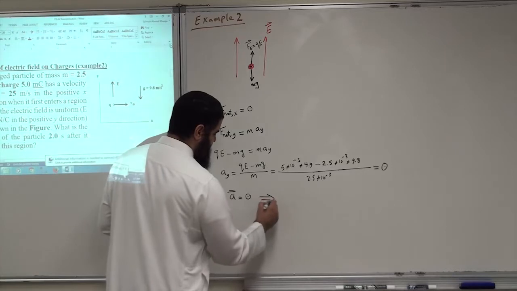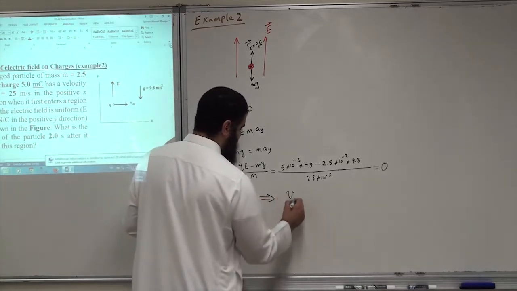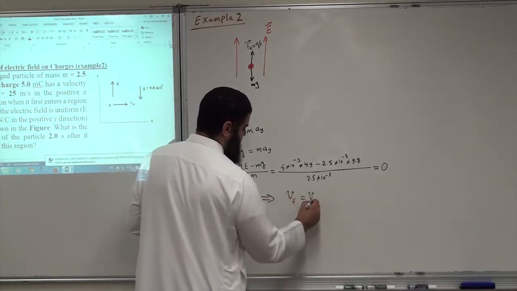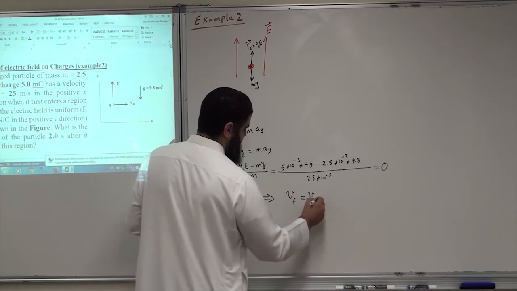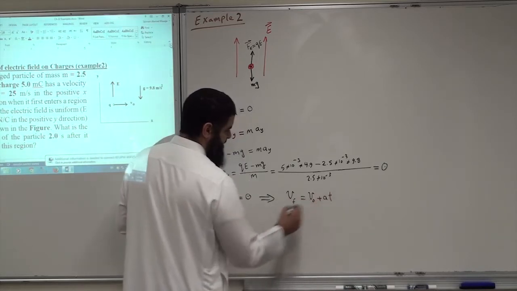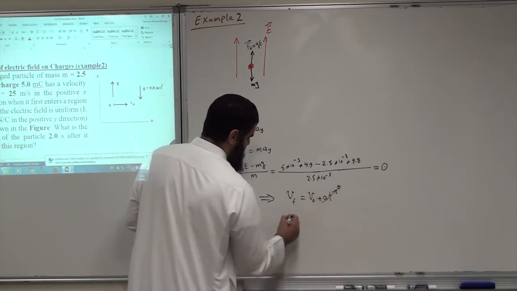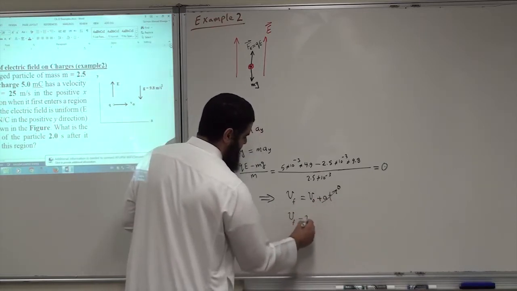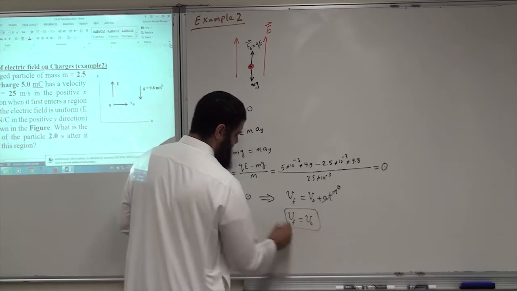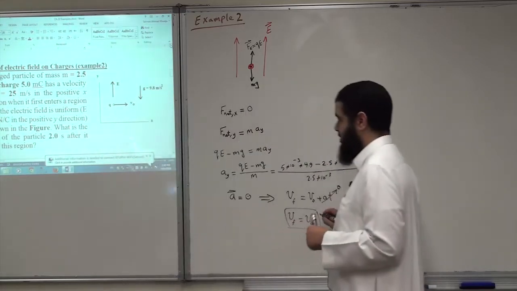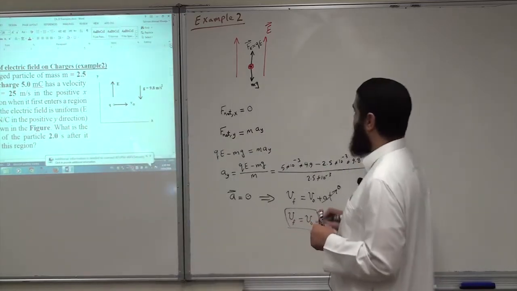So this implies that v final, which is equal to v initial or v0 plus at, but a is 0. So we'll end up telling that v final equals v0. So the final answer will be the final speed.